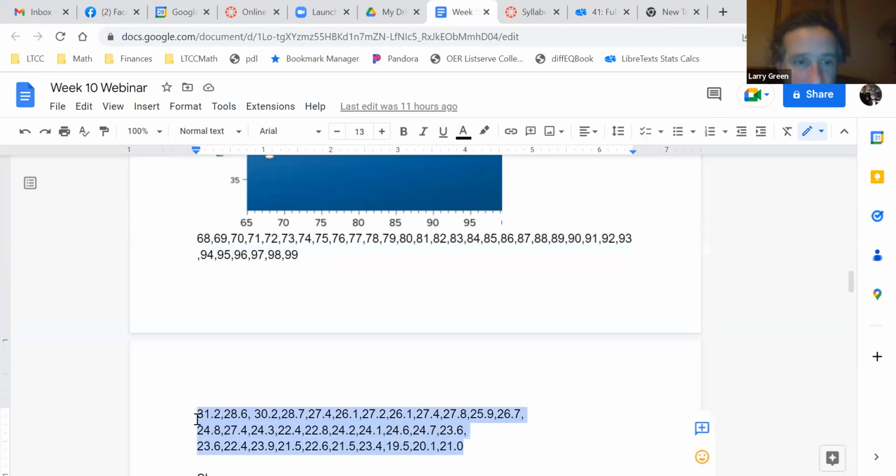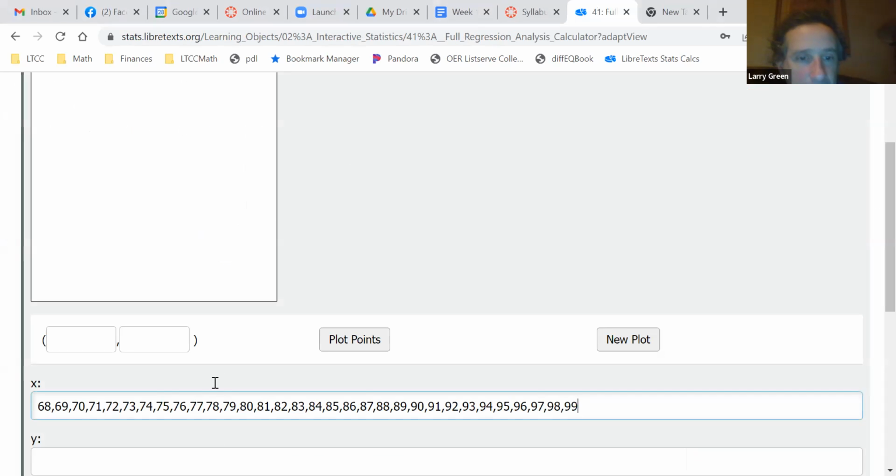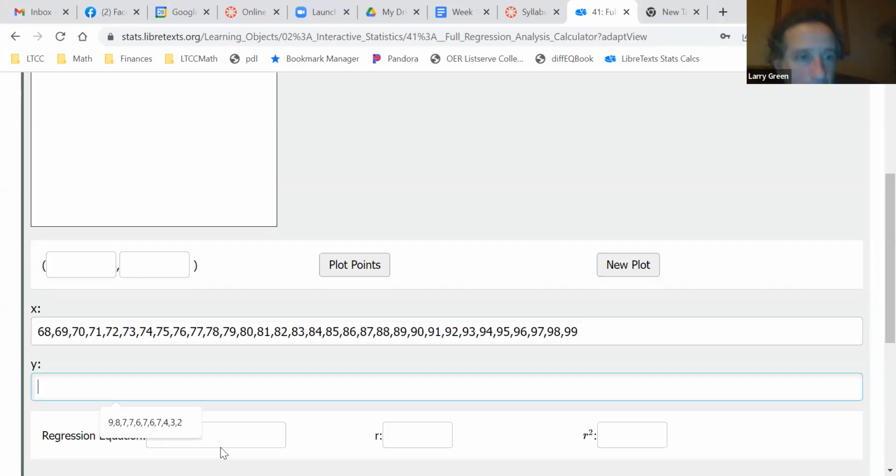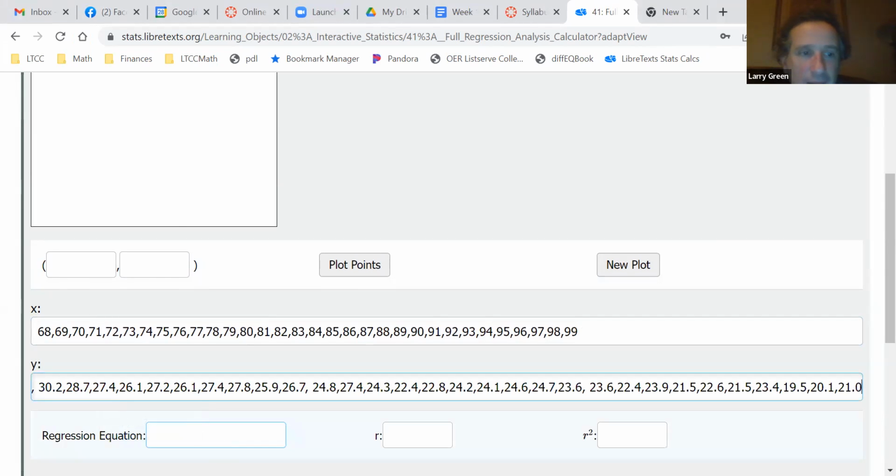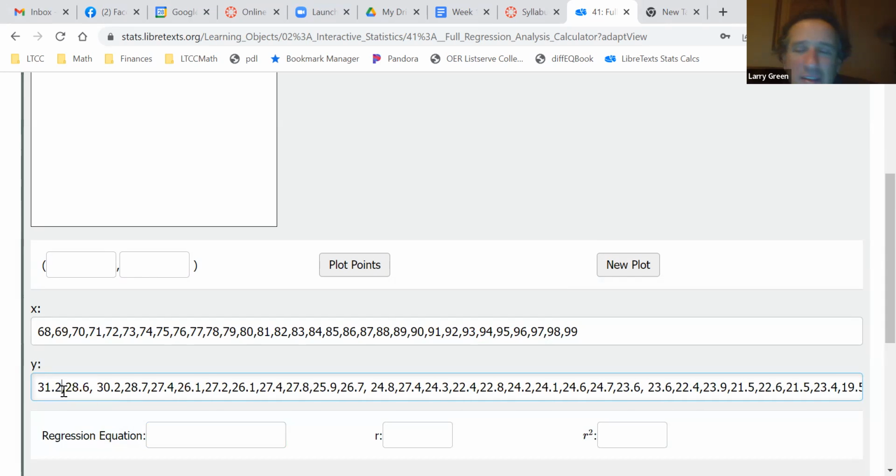And I'm going to do the same thing for these guys. And copy. And then I'm going to paste in the Y variable. Okay, and you have to decide, by the way, which is the X and which is the Y. The idea is that you're using one variable to predict the other.